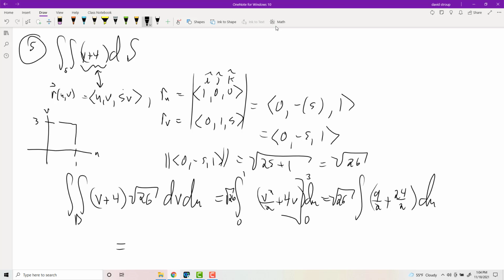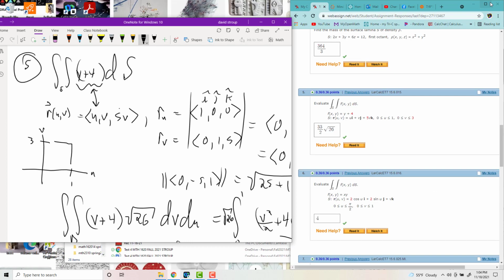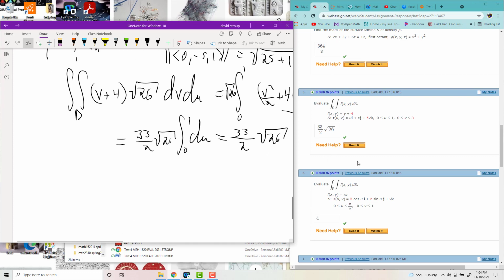That will be 33 halves times the square root of 26 times the integral from 0 to 1 of du, which of course will just be u evaluated from 0 to 1, which is 1. So I'll just have 33 halves times the square root of 26, which is the right answer.